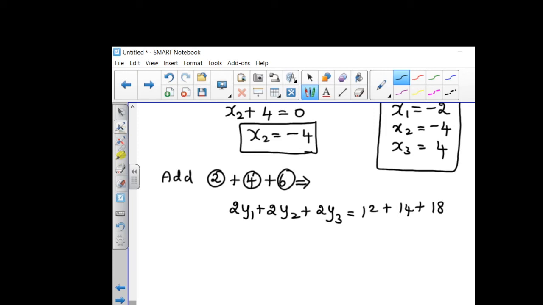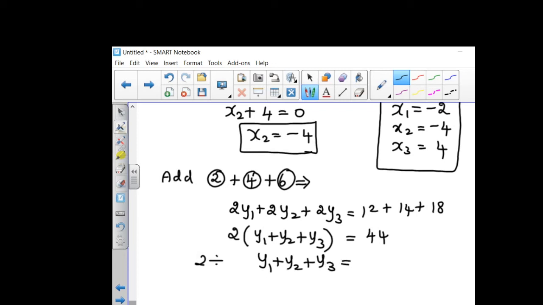If you add, you will get 44. On the left hand side, take the 2 outside, so 2 times y1 plus y2 plus y3. If you divide it by 2, what do you get? y1 plus y2 plus y3 is equal to 44 by 2, which is 22.